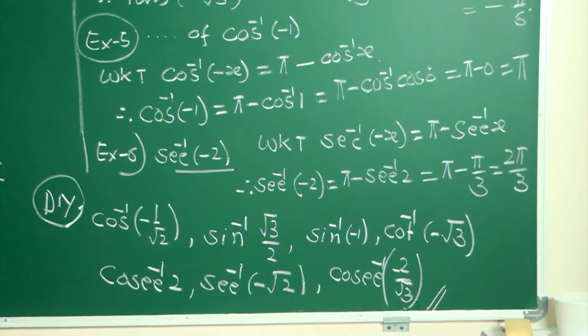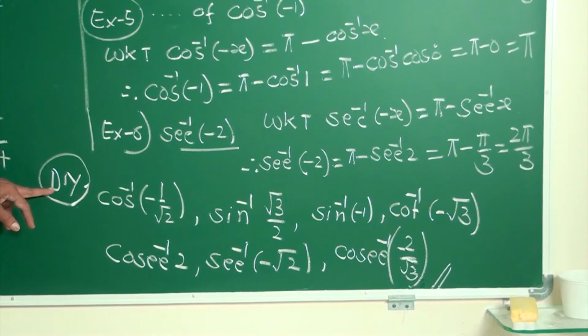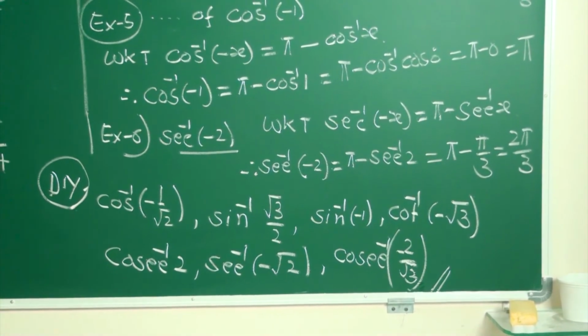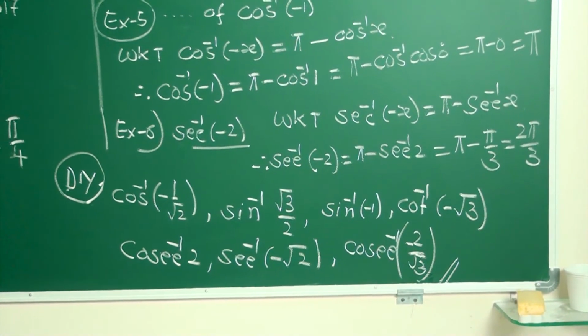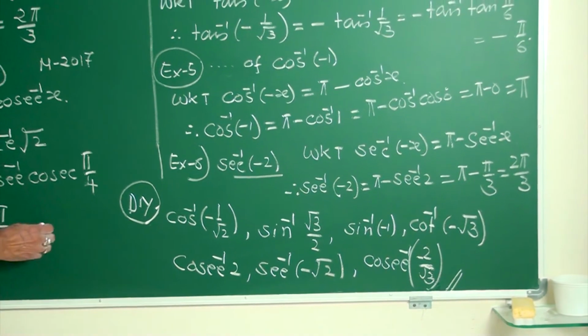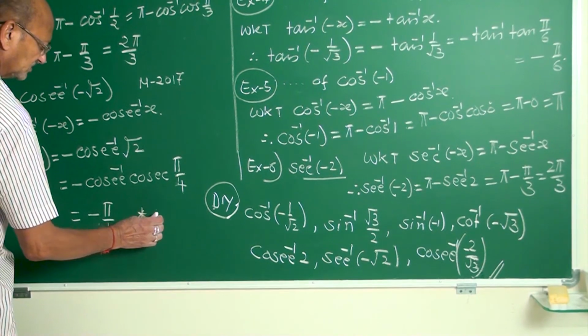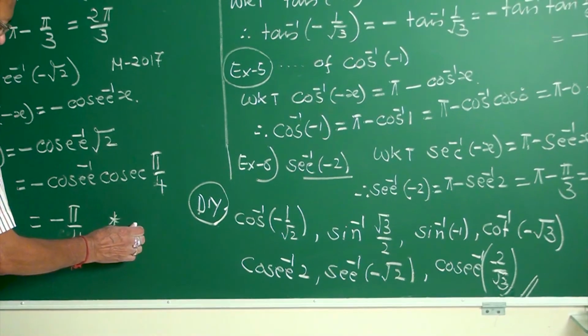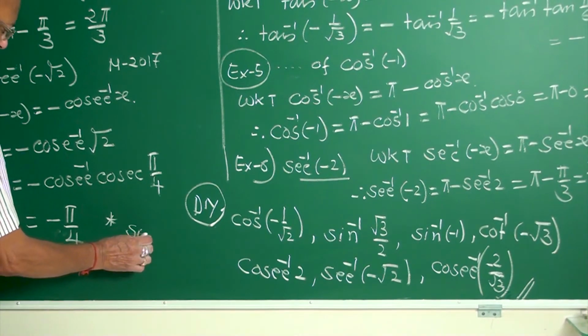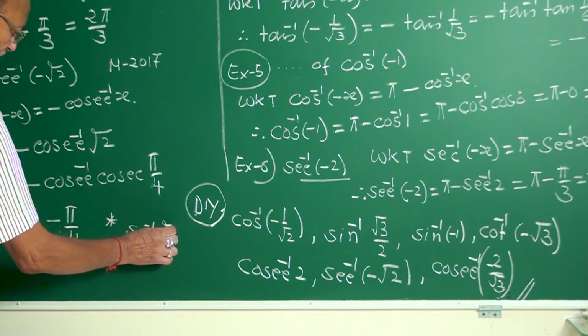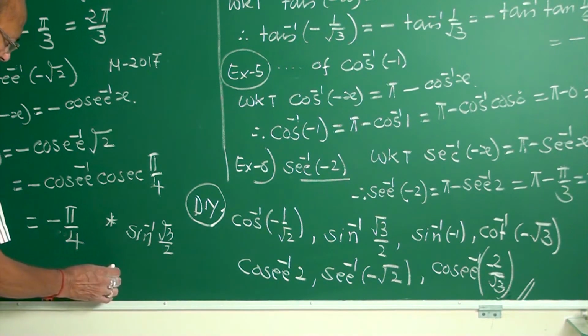These are some examples, my friends. You do it yourself. I have done almost all these examples with a negative sign. Instead of that, if it is positive only, like this I take sine inverse root 3 by 2. What is it?